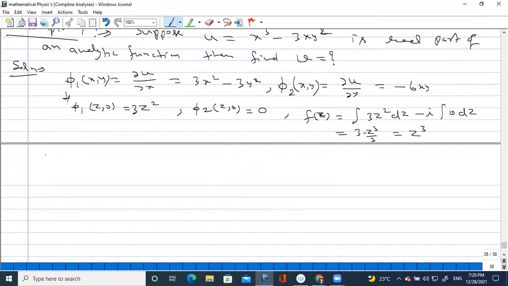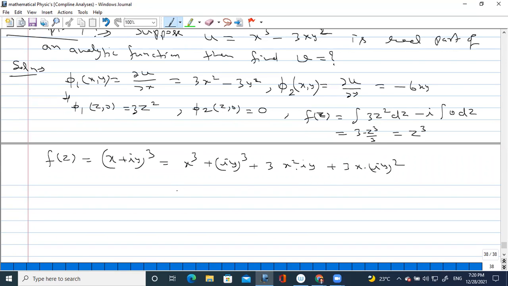So what will I do? f(z) is z cube. Z cube means (x plus iy) whole cube. So I have to open it: x cube plus (iy) whole cube plus 3x square into iy and plus 3x into (iy) whole square.